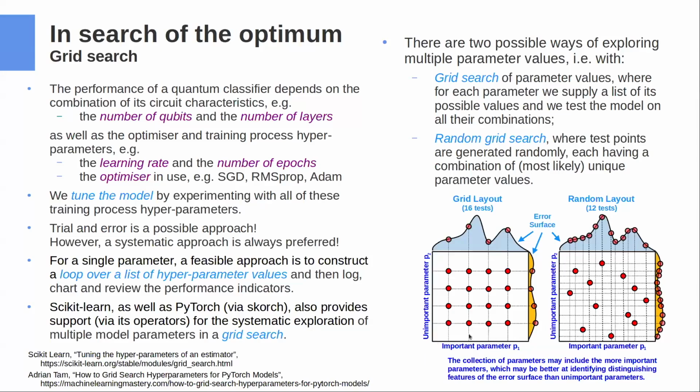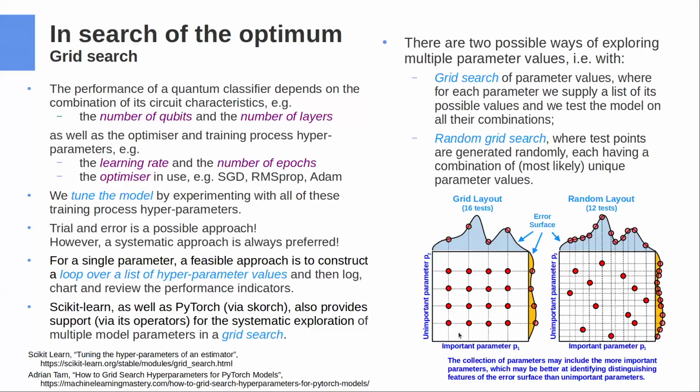So in this case, we'll get 16 different parameter combinations, which could be used to create a model, train the model, get the outcome and see if the model is better or worse, especially on test data.